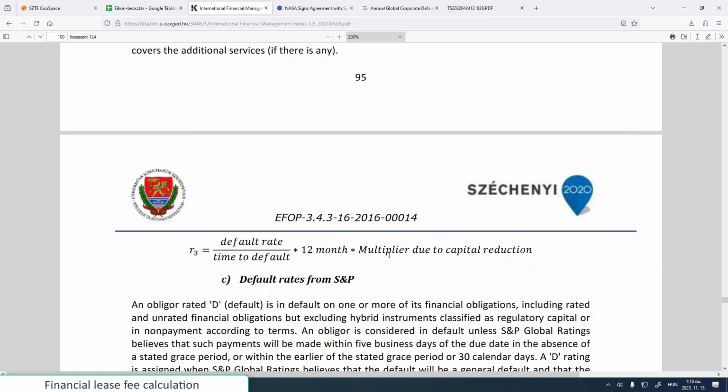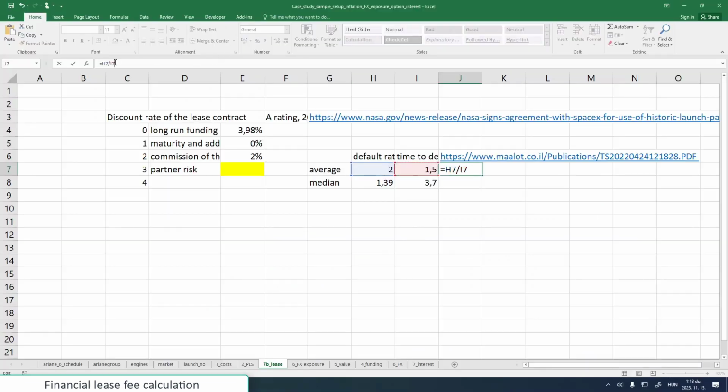Multiplier due to capital reduction. This was set to 2 at the company. So okay, and now we just have to divide this by 100.